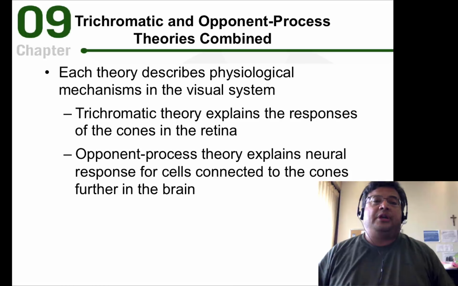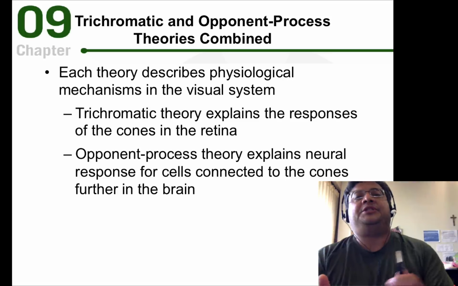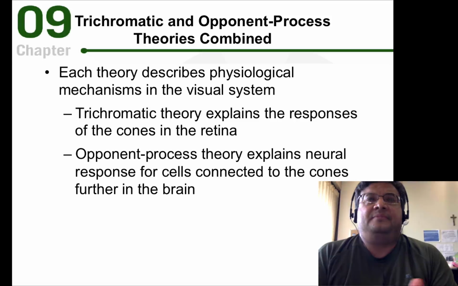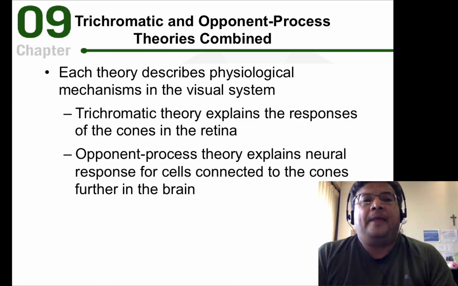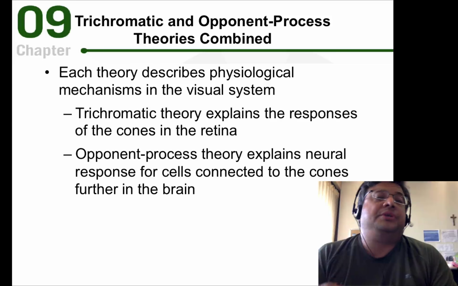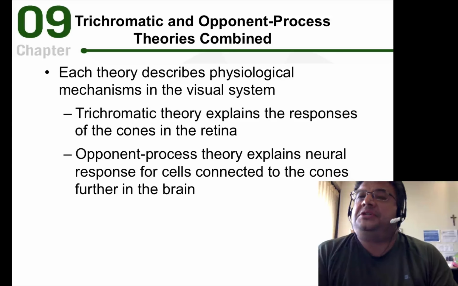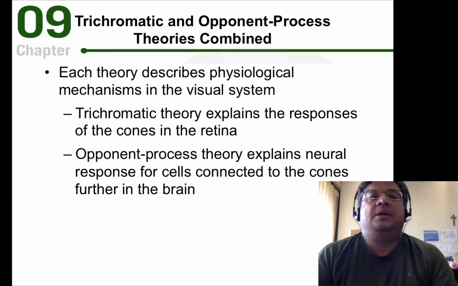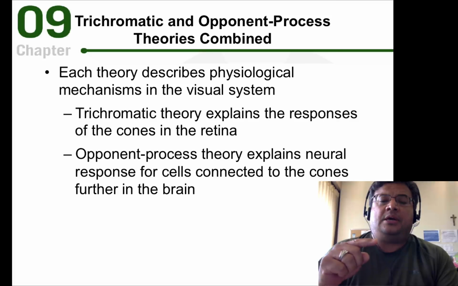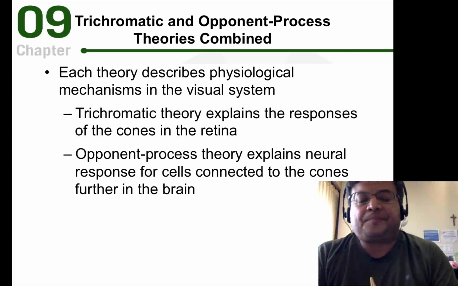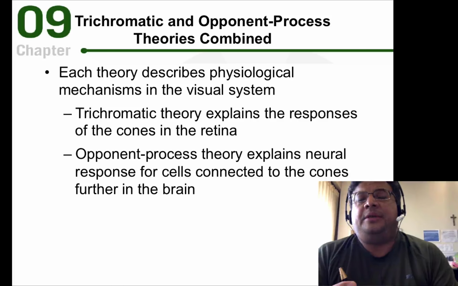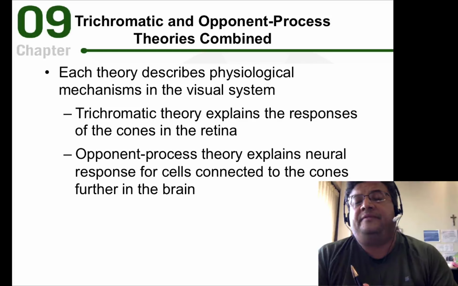So what happens when we try to combine these theories? Well, they each describe different mechanisms in the visual system, right? The trichromatic theory does a really good job of describing the responses of the individual cones in the retina. So we're pretty sure that individual cones contain proteins that seem to be sensitive to specific wavelengths of light, red, green, yellow, whatever.